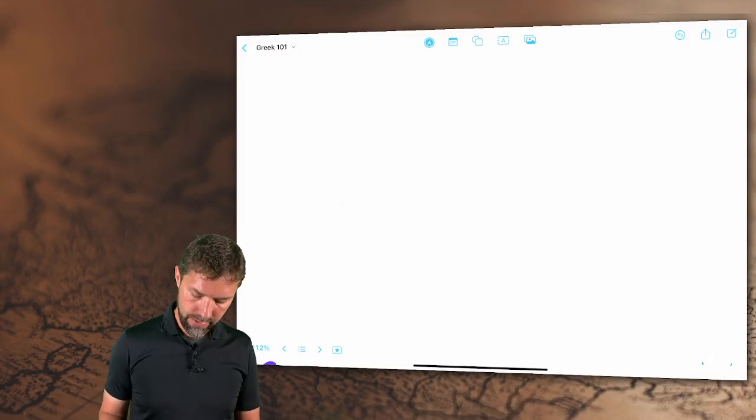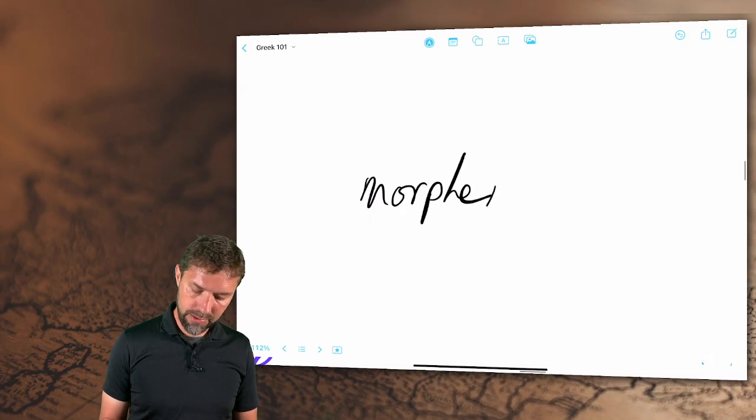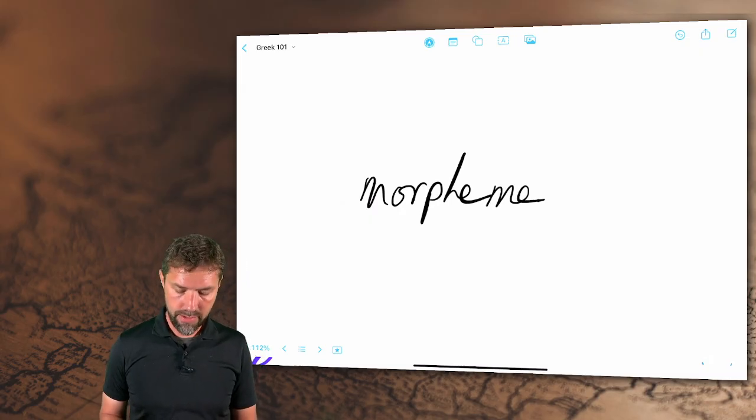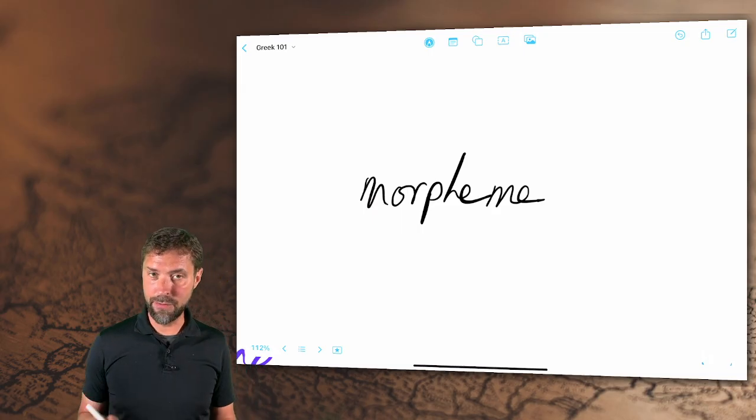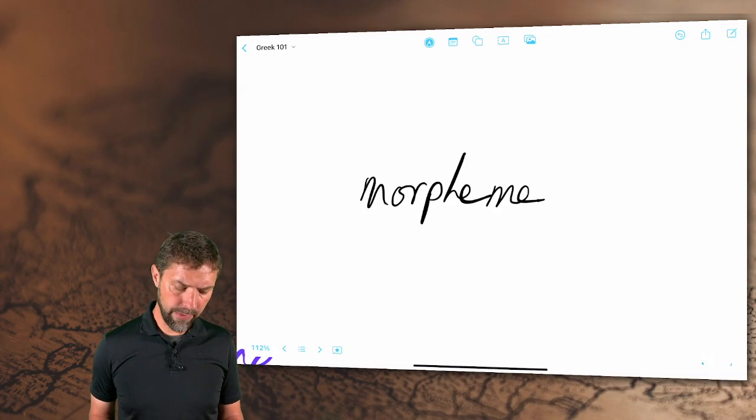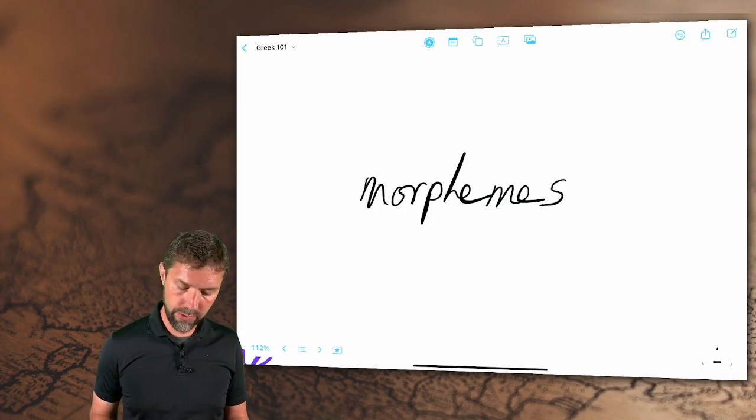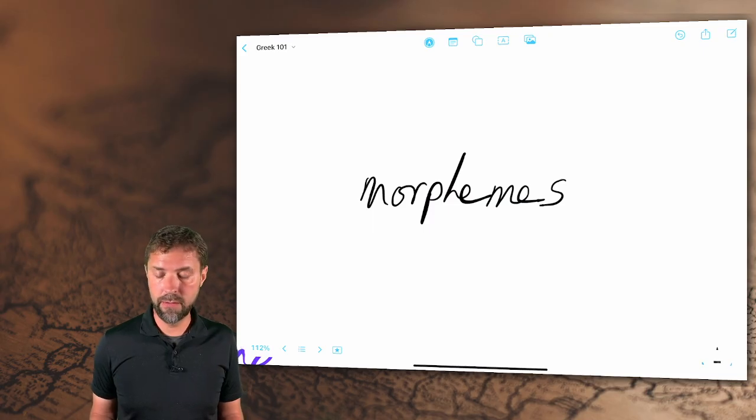Actually, I can push the other way, and we can go smaller than words, down to the morpheme. It's a linguistic term. A morpheme is a piece or a sub-piece of a word that actually communicates information. Okay, so if I went, for instance, with, let's say I have several of these, I'm going to say morphemes.